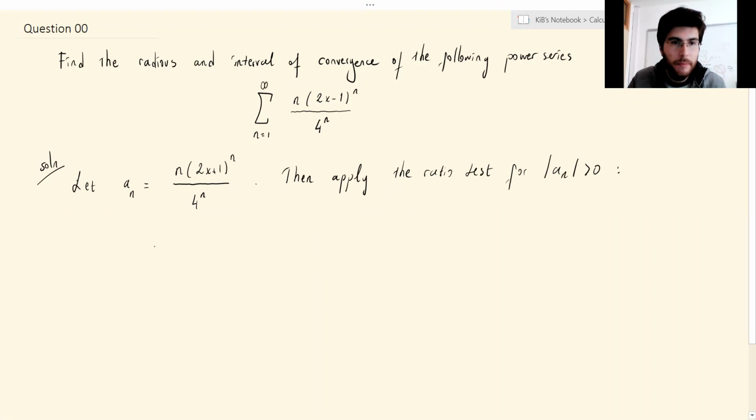So let's apply the limit as n approaches infinity. We should look at the following ratio, so just look at this ratio. Let's try to analyze it. It's not that hard.